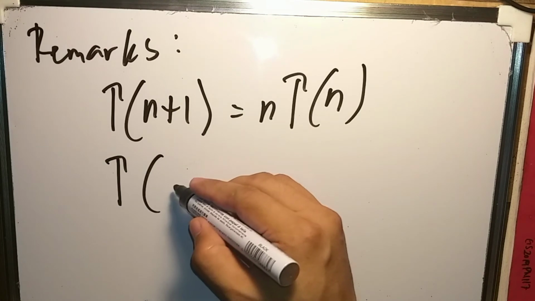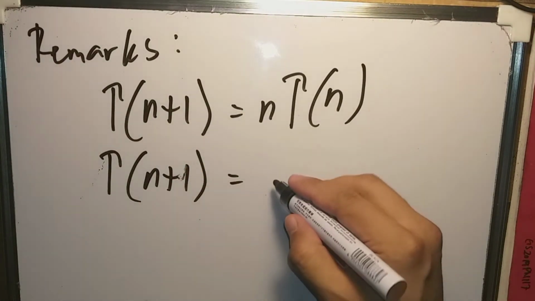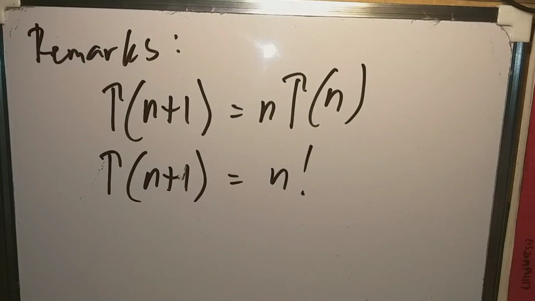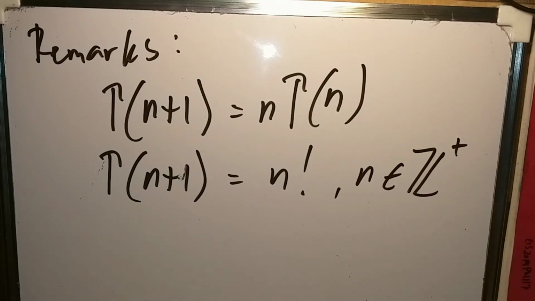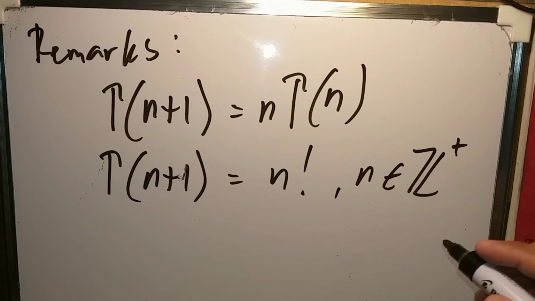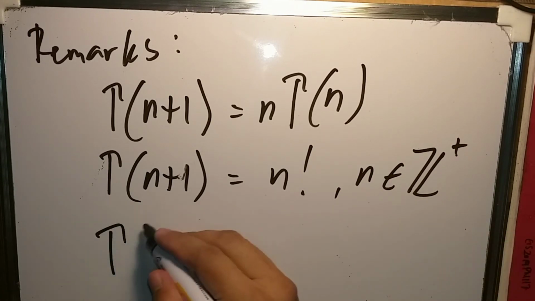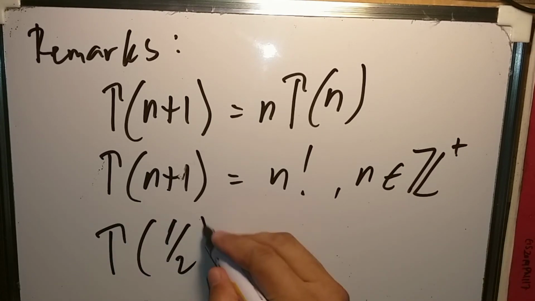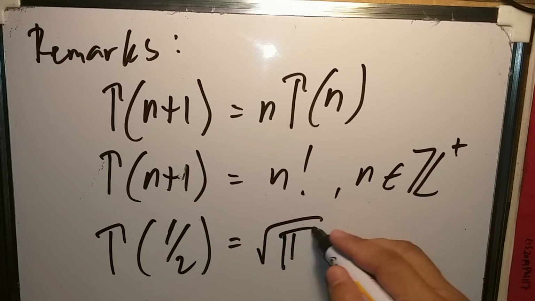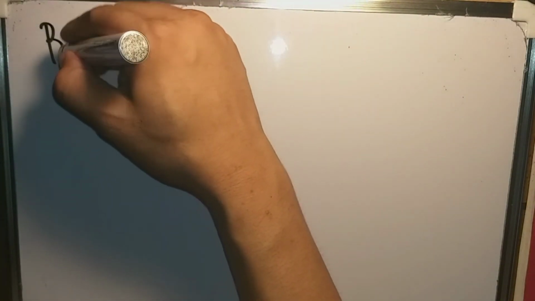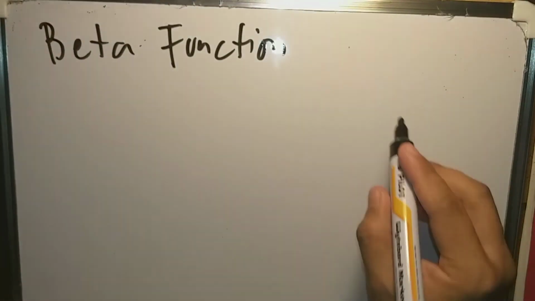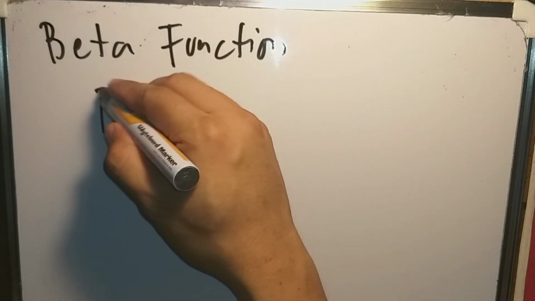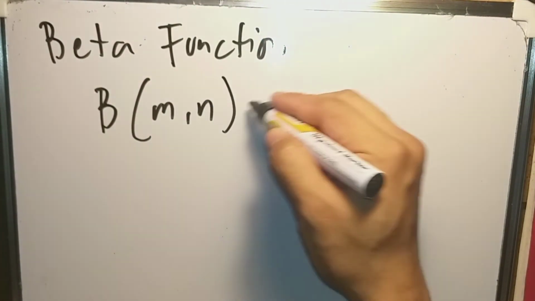The gamma of n plus 1 is equal to n factorial, where n is an element of the positive integers, and the gamma of 1/2 is equal to the square root of pi. We also have the beta function. For the beta function, we have the notation B of m, n.